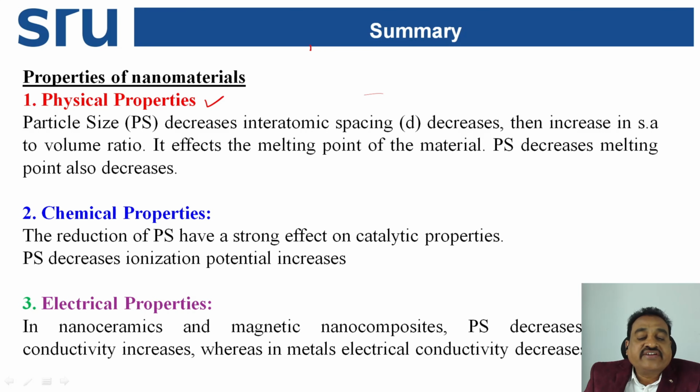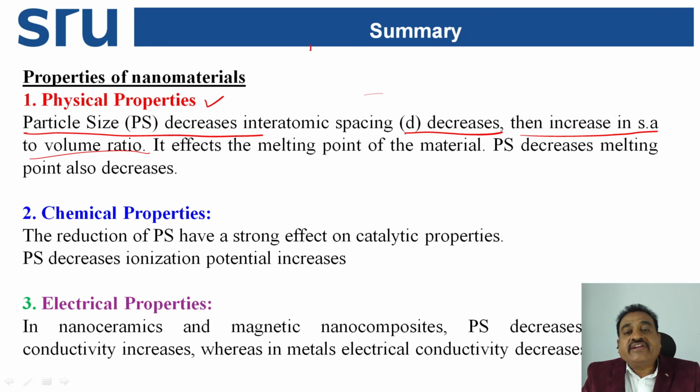The melting point decreases with size, and at very small sizes it decreases very fast. Particle size decreases, interatomic spacing decreases, then surface area to volume ratio increases, which affects the melting point. Particle size decreases, melting point also decreases.